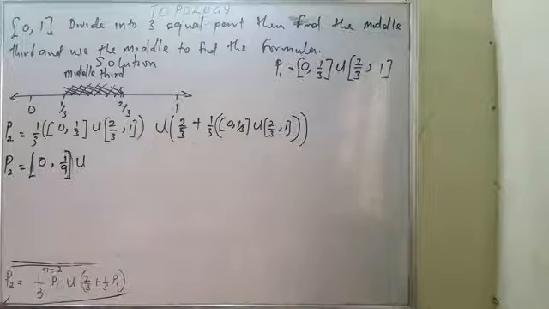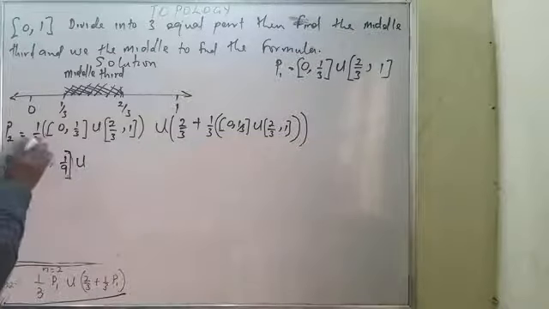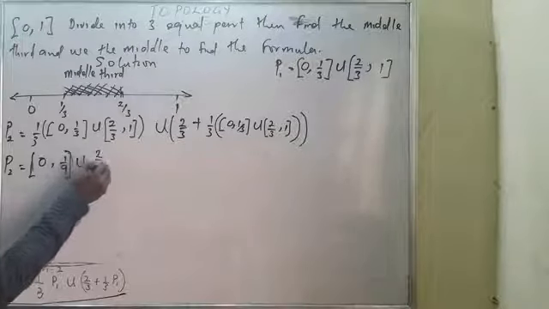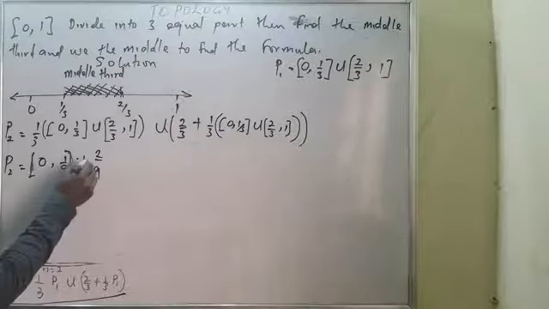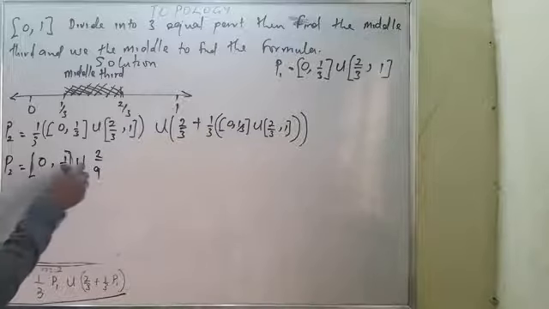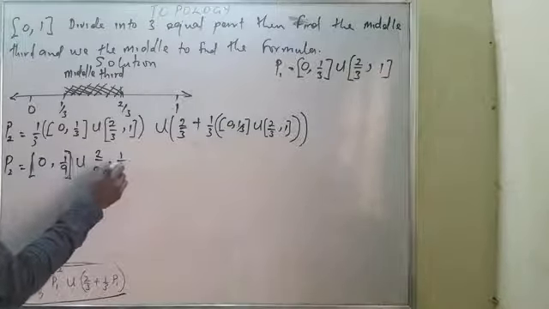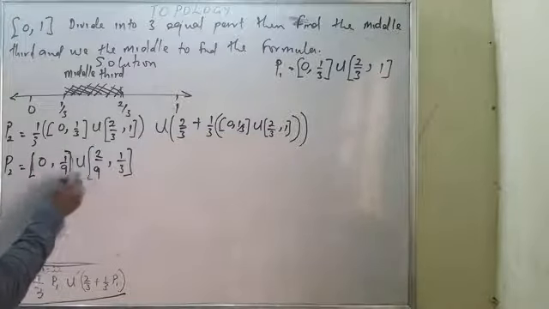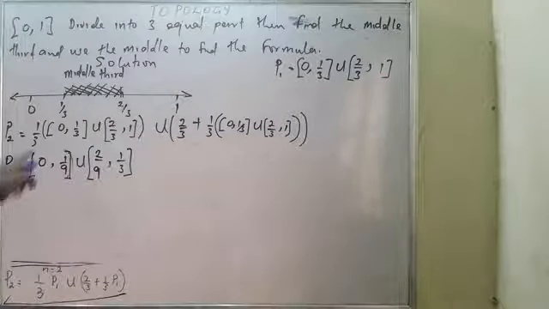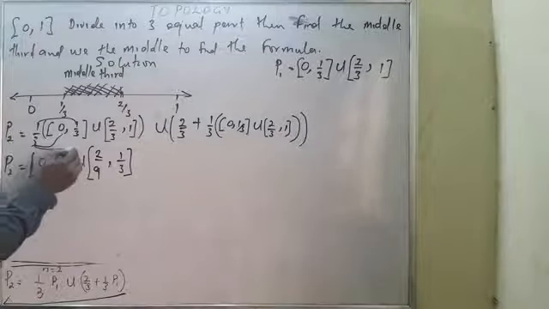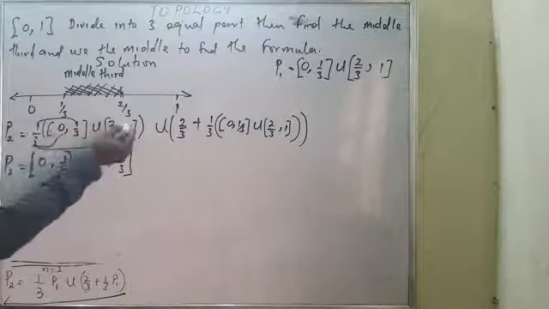And I move on to the next one. This and this will be 2 all over 9, comma 1 all over 3. I'm not doing something strange, I'm just opening the brackets. This multiplied by this, and this multiplied by this, and also that multiplied by that.